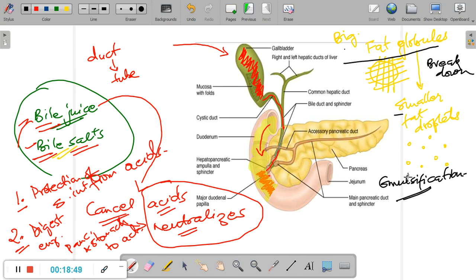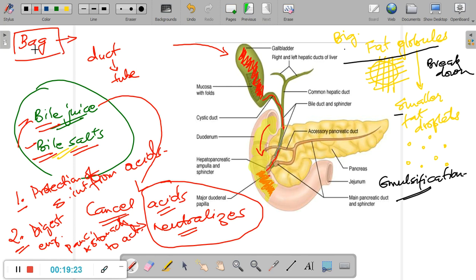Now you must be wondering how breaking it into smaller pieces will make digestion easy. Let us take an example. Imagine when I come to your class, I give you a big candy, and the size of the candy is as big as your school bag. I ask you to eat it. How long are you going to take to eat the whole candy the size of your bag? You'll have to lick it and suck it and break it down. So you will take a lot of time to eat that, right?